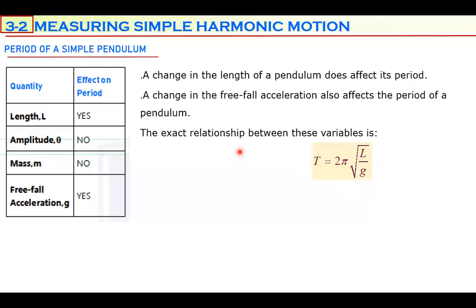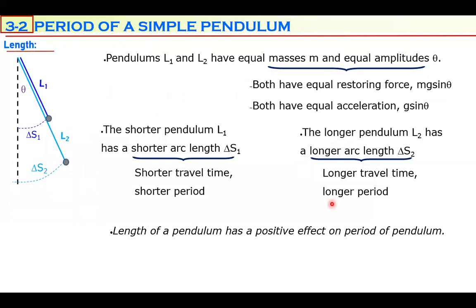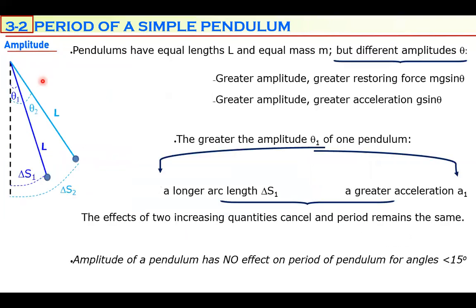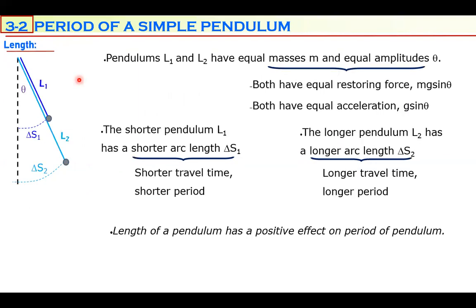However, in your book, it is also explained how length, amplitude, mass, and free fall acceleration affect the period when they change. For example, if there are two pendulums with different lengths, but all others are the same, masses are equal, thetas are equal, and g's are equal.